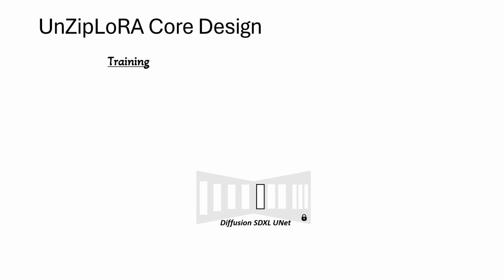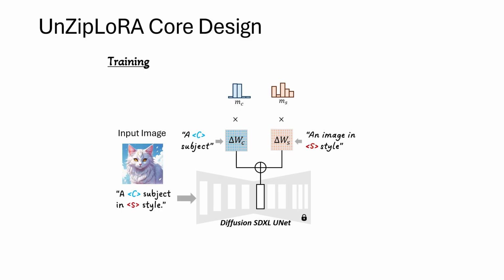The overall structure is shown here. Our method works on the diffusion model SDXL. We will train a content LoRA, WC, and a style LoRA, WS. We will also train another column with MC and MS. With a single input image and its corresponding prompts, we will train those four things all together.